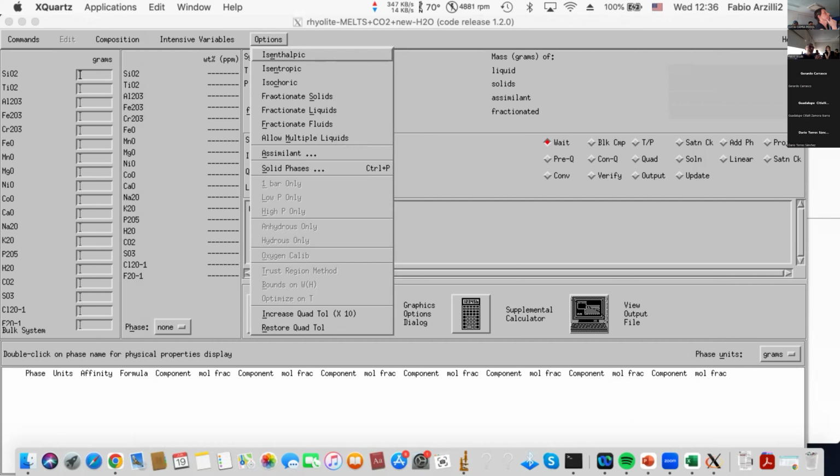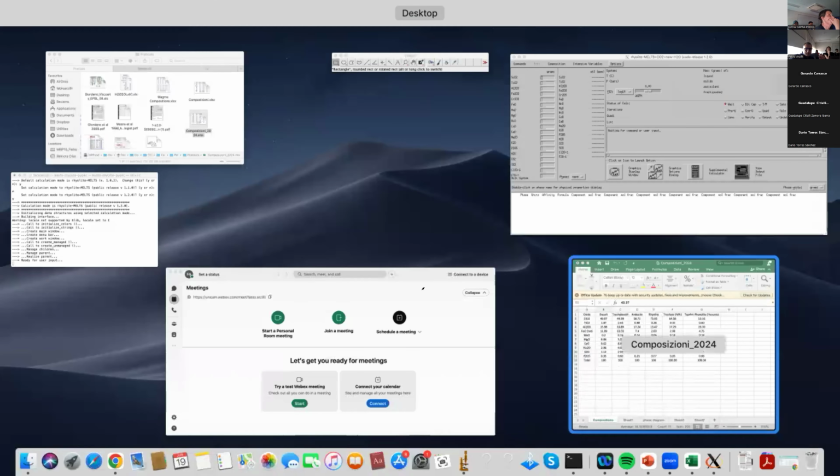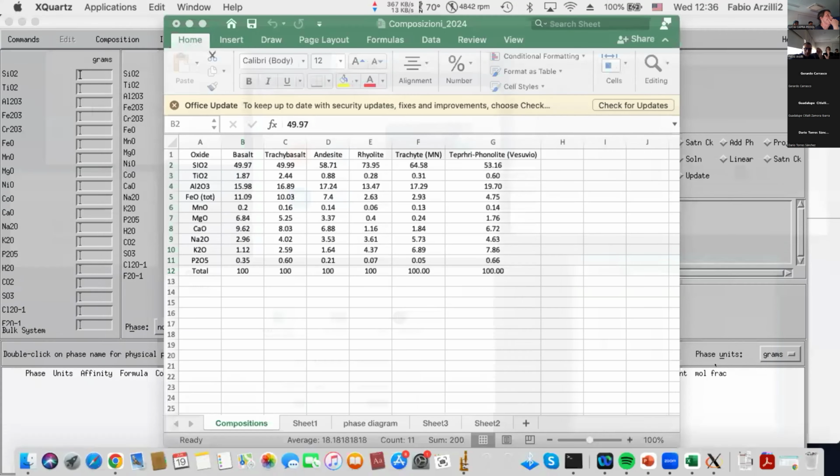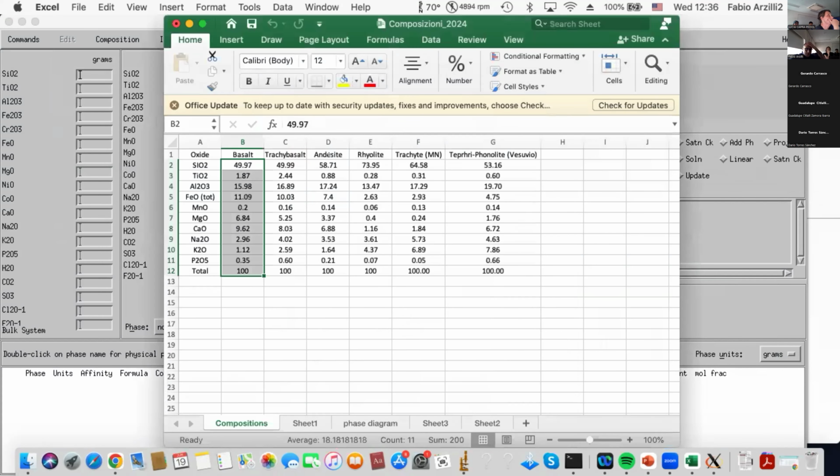Yes. And we can do this with this basalt that is quite primitive, and then we can run it, for instance, with an andesite, and we see what we get doing this, and we see how far our liquid can be differentiated considering the two types of crystallization.